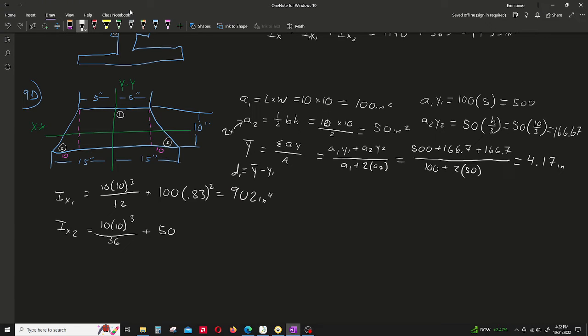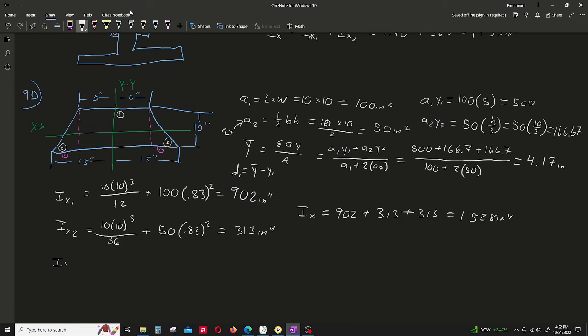The D in this case, again from the y, is 0.83 squared, and we get 313 inches to the 4th, for a total Ix of 902 plus 313. And again, there's 2 of these, so we do plus 313 again, or you can just multiply it by 2, and we get 1528 inches to the 4th.